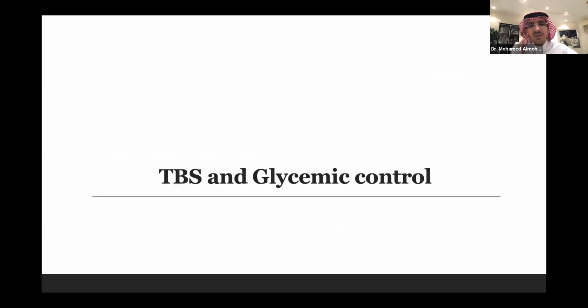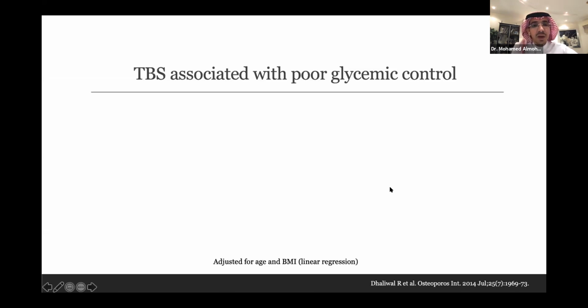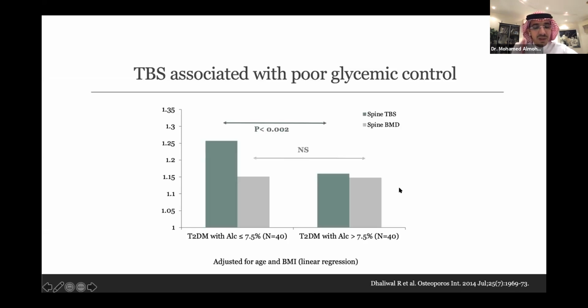So what is the effect of glycemic control? Are those with well-controlled diabetes and poor glycemic control the same in regard to the TBS values? The answer is no, there are differences in that regard. Those with poor glycemic control, defined in this study as having A1C above 7.5, have significantly lower TBS values in comparison to people with well-controlled type 2 diabetes, basically A1C of less than 7.5.